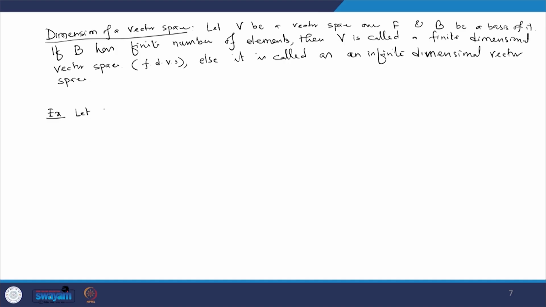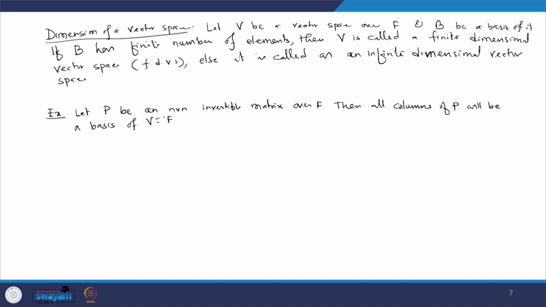Let P be an n cross n invertible matrix over capital F. Then all columns of P will be a basis of the vector space V equal to the set of all n cross 1 column vectors, which I denote as F n cross 1.